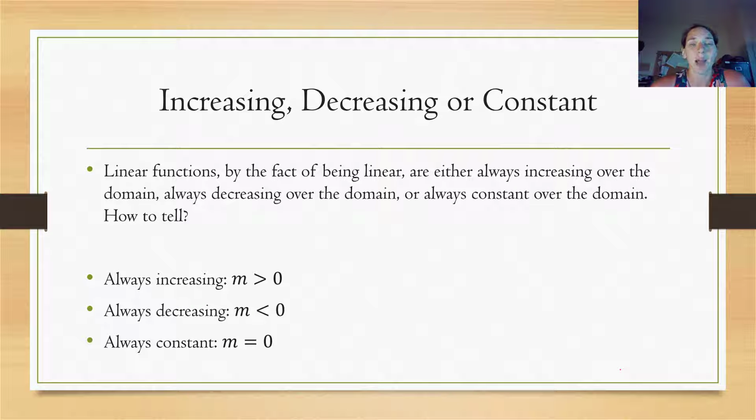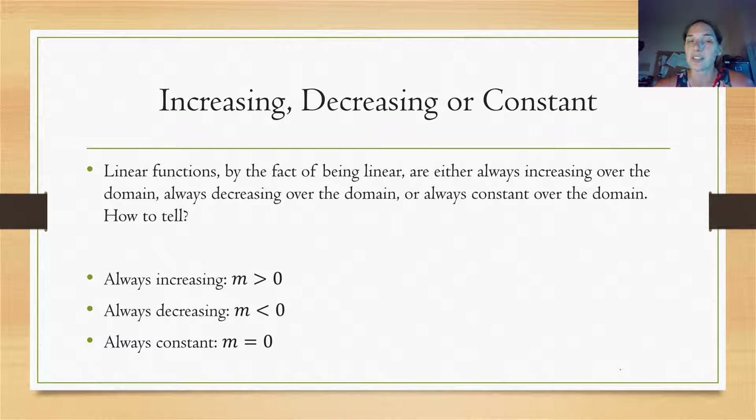There are going to be plenty of times in math that we're going to want to be able to talk about whether a function is always increasing, always decreasing, or always constant over its domain. And that will become more of a thing when you get into some of the theorems in upper levels of mathematics. But that means that we start talking about it now. And so linear functions, because they are linear, right?